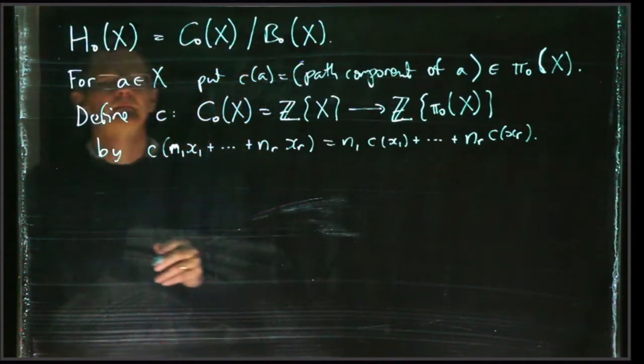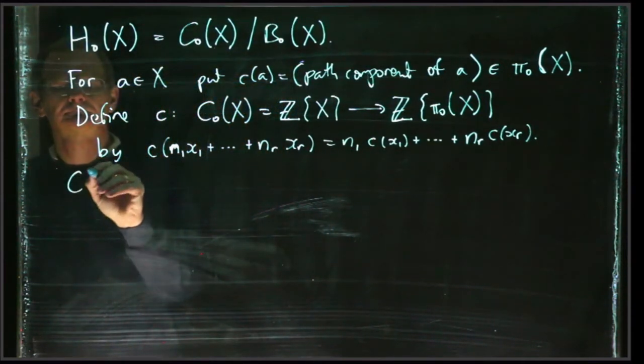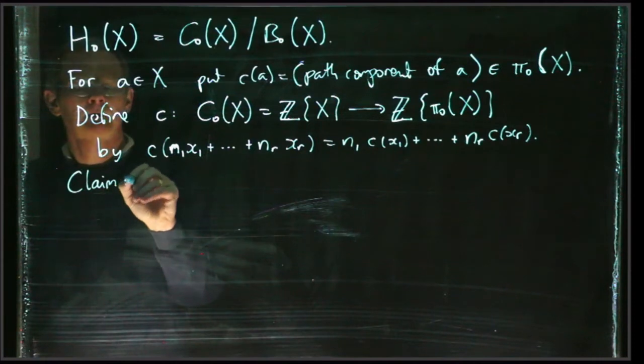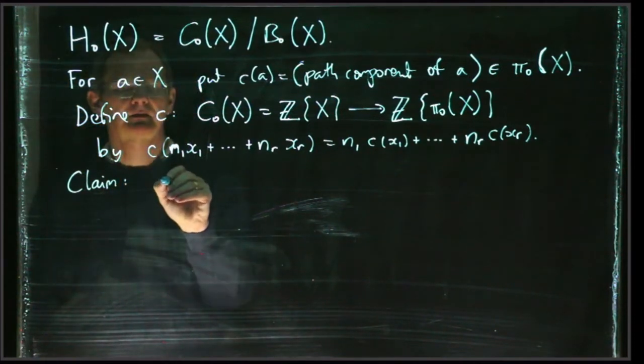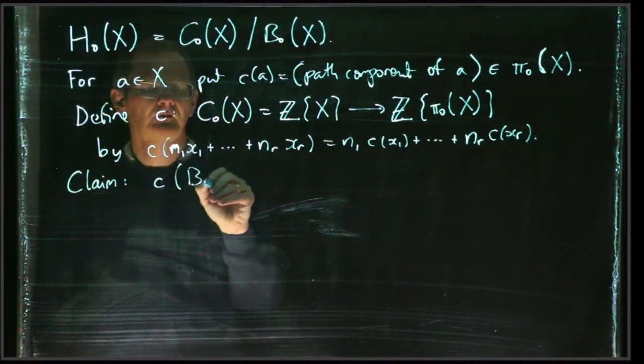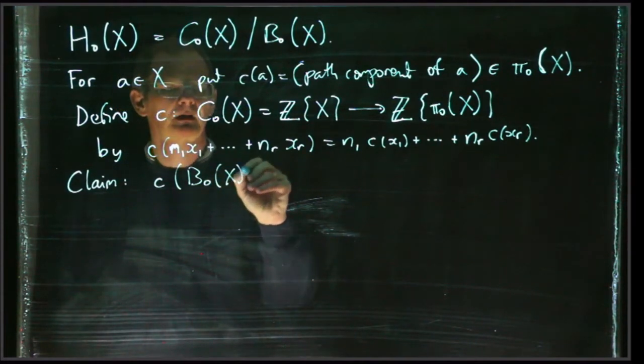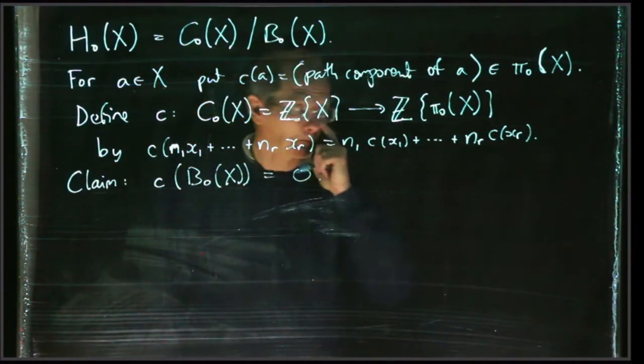And I want to claim that this extended C, if we apply it to the subgroup B0 X, is 0. Okay.